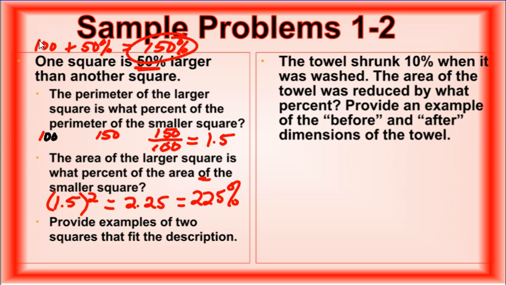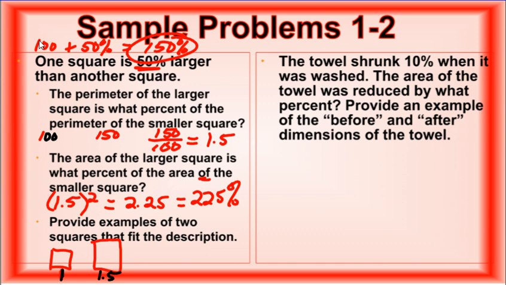And then the last part says provide examples of two squares that fit the description. So if I were to draw two squares, we'll just use smaller numbers here. Here's the smaller square. If this is 1 centimeter, the bigger square, 1 times 1.5 would be 1.5. And that would be our comparison.